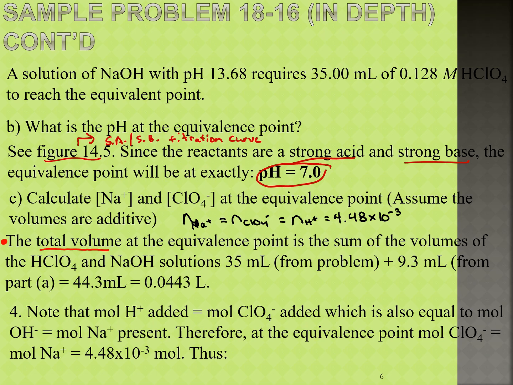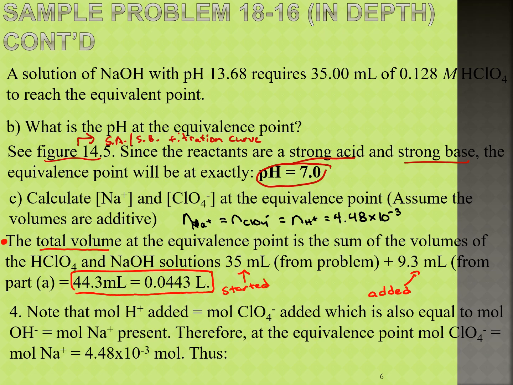All right, so what you have to think is we started with 35 milliliters, and we added in that 9.3 milliliters that we found on the previous slide. And so we now in our beaker have a total volume of 44.3 milliliters, which is 0.0443 liters.